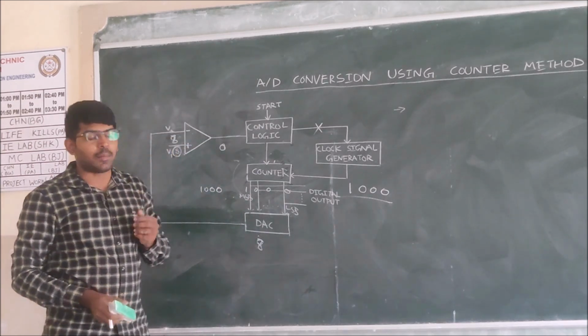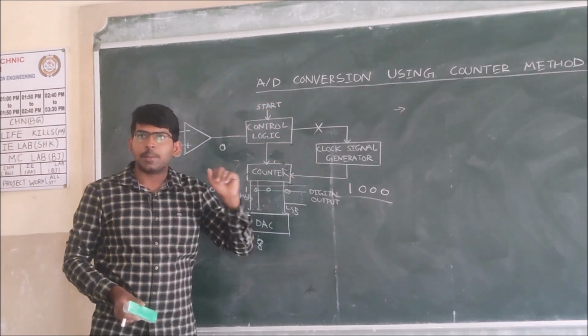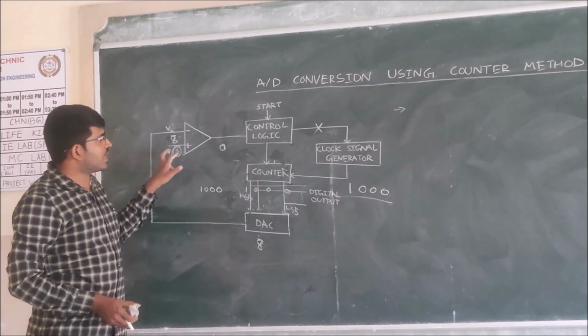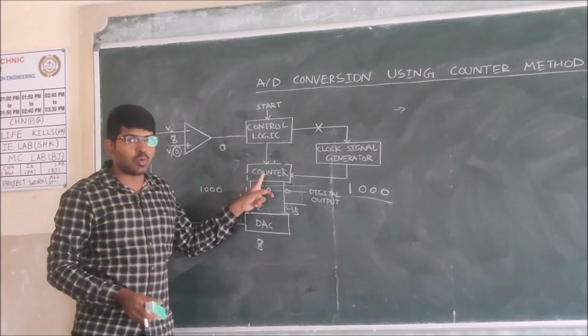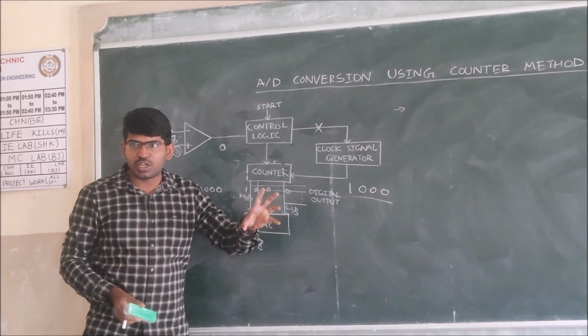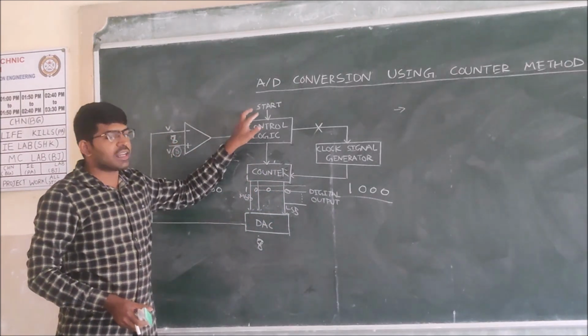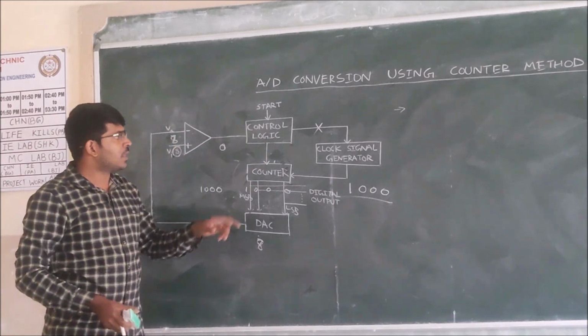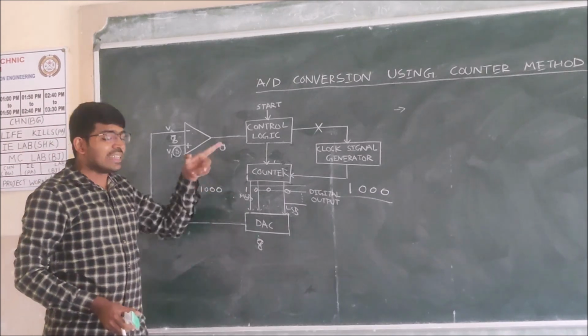Again, we are explaining the operation. Initially, when we give the start command, our input we have given here is 8. We are expecting this counter to display the equivalent digital value. When we give the start command, this control logic resets the counter.